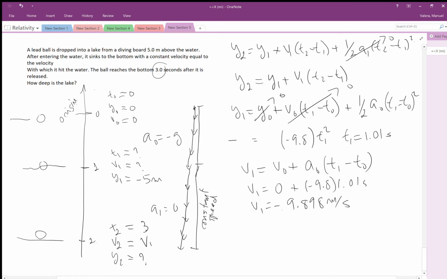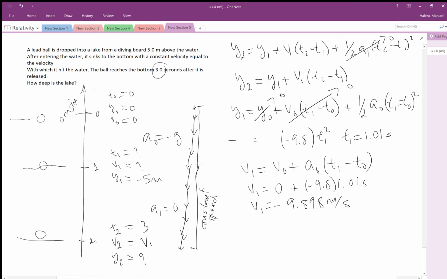So now I need to find the position y2, right? To find y2, I use this equation, and now I know everything because I know t1, I know t2, I know v1, and I know y1.